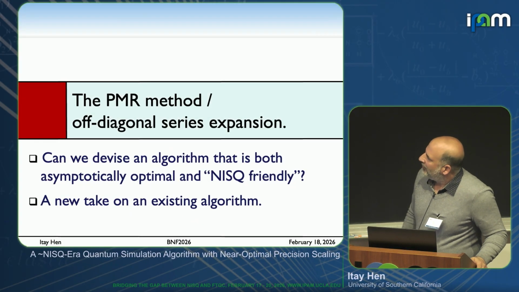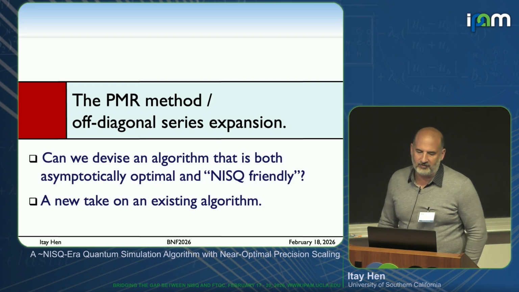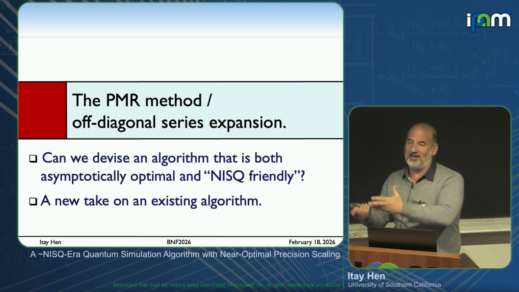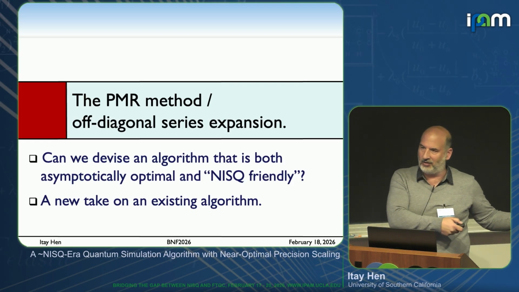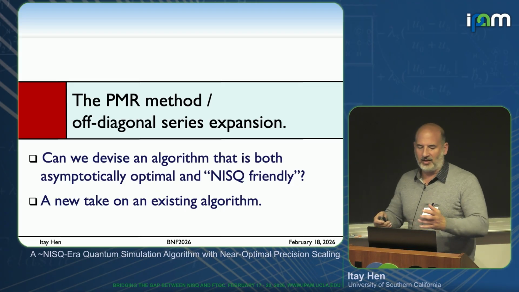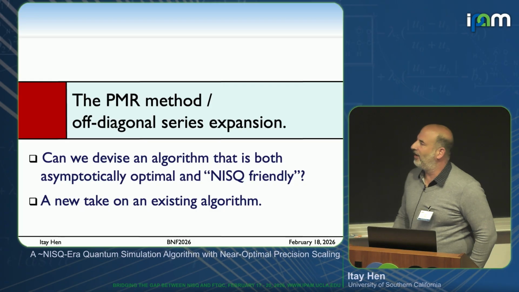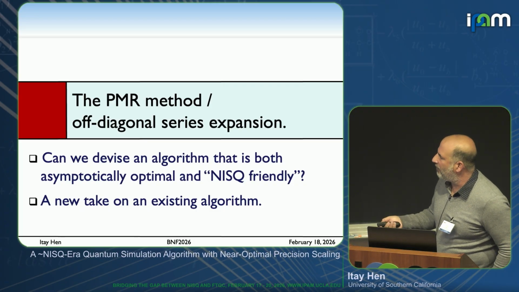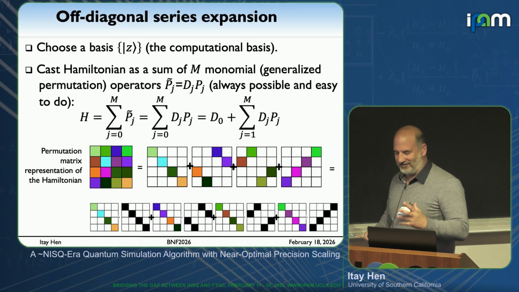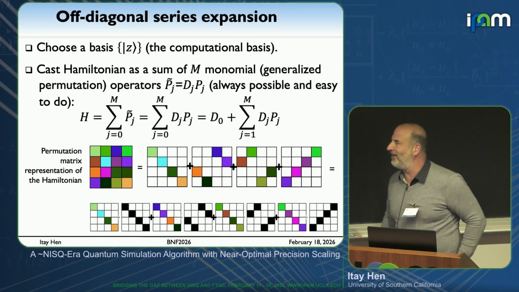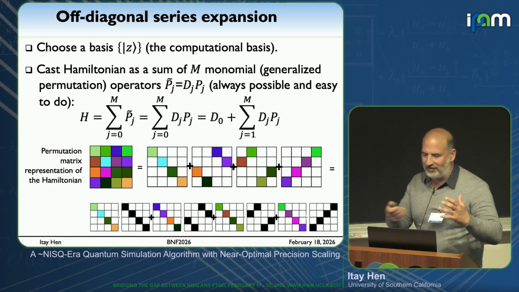So what we set out to do is ask ourselves, can we devise an algorithm that is both asymptotically optimal, like the LCU Taylor stuff, and is still NISQ friendly? And this is what we came up with. Again, NISQ-ish friendly, as I mentioned, and you'll see what I mean.